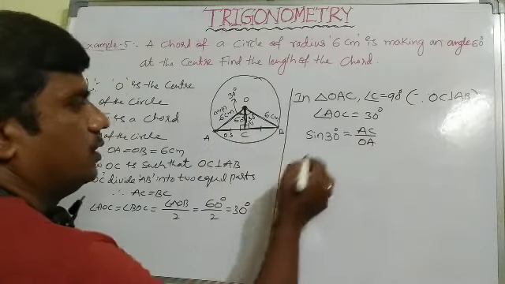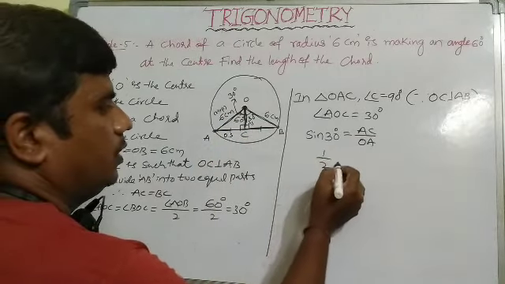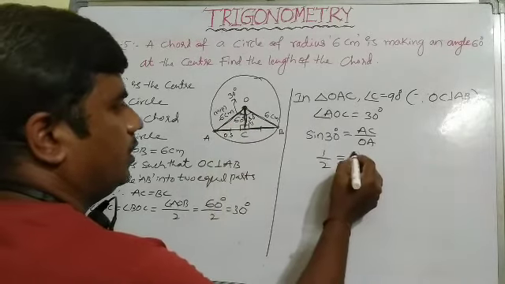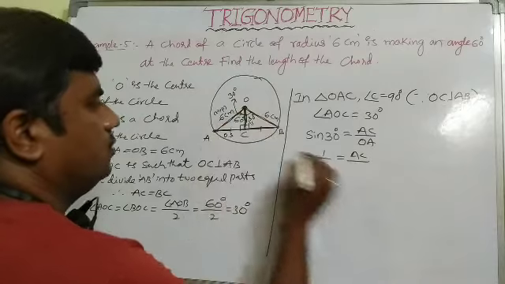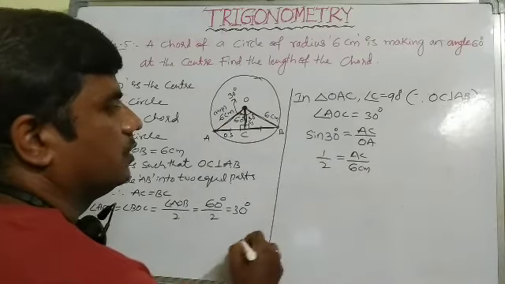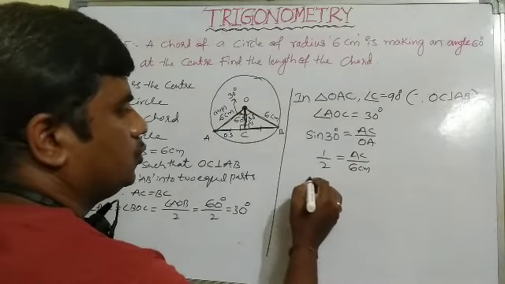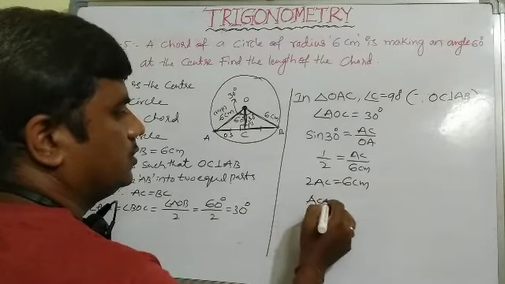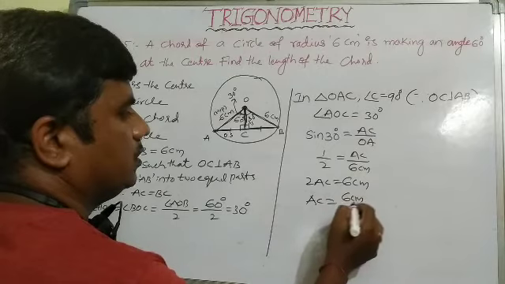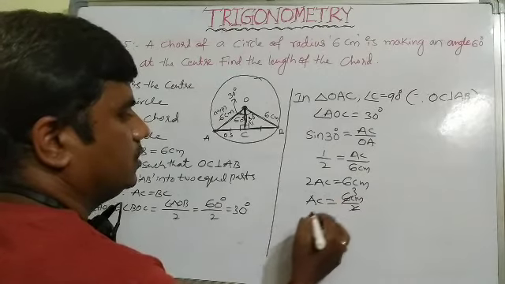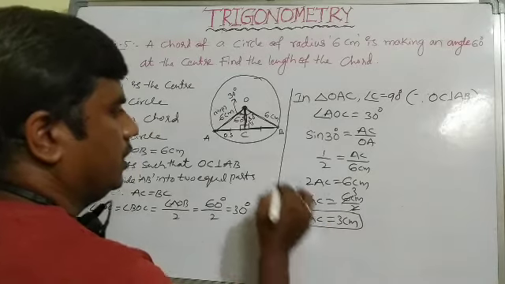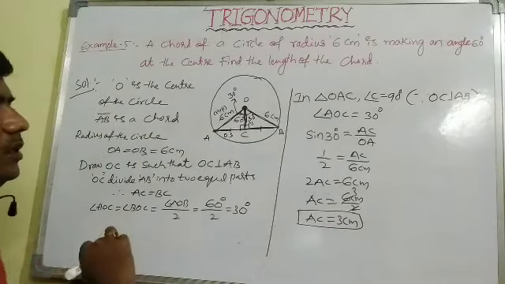Sine 30 value we know is 1 by 2, equals AC, which we have to find, by OA, the value 6 centimeters. Now cross multiply: 2 AC equals 6 centimeters, then AC equals 6 centimeters by 2, that is equal to 3 centimeters. See, AC length equals 3 centimeters.